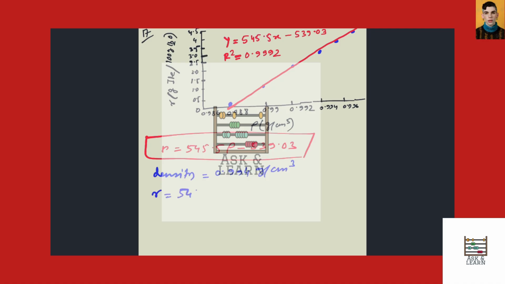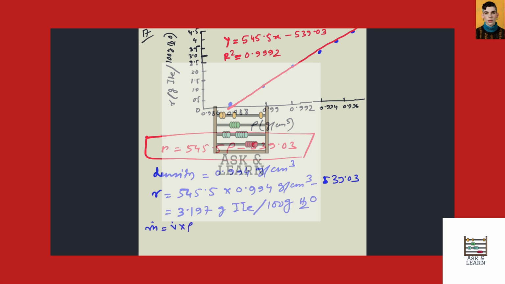Mass ratio will be 545.5 multiplied by 0.994 gram per centimeter cube minus 539.03, which gives us the mass ratio as 3.197 gram of isoleucine per 100 gram of water. Therefore there is 3.197 gram of isoleucine in 100 gram of water.